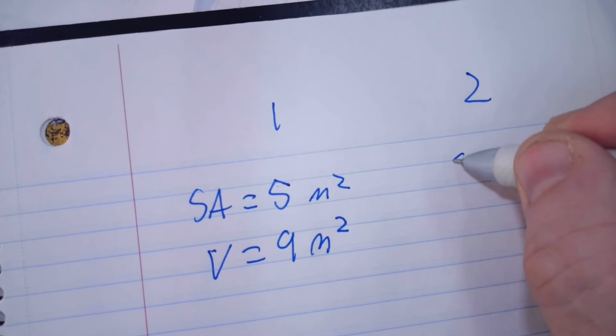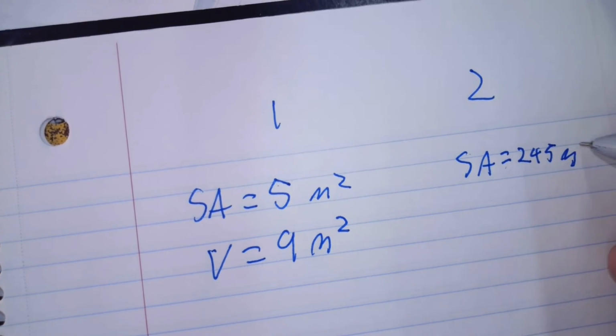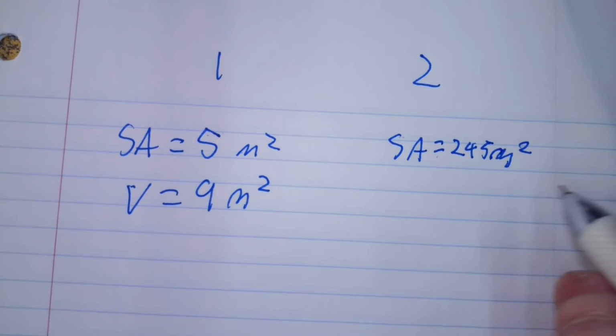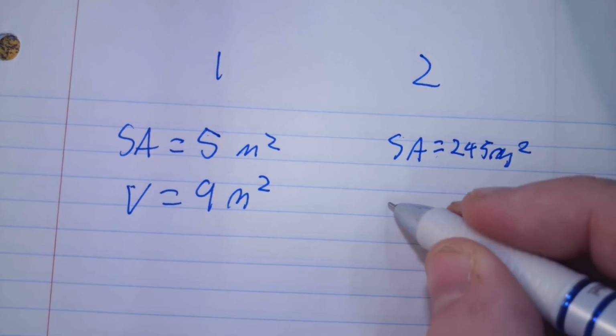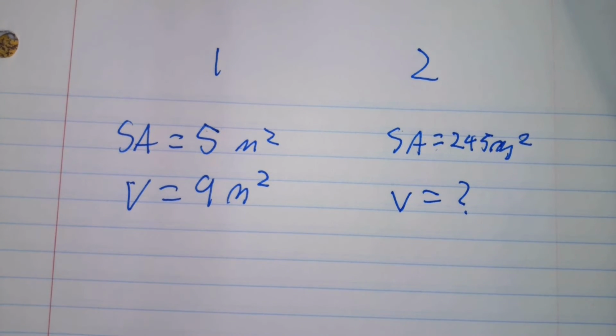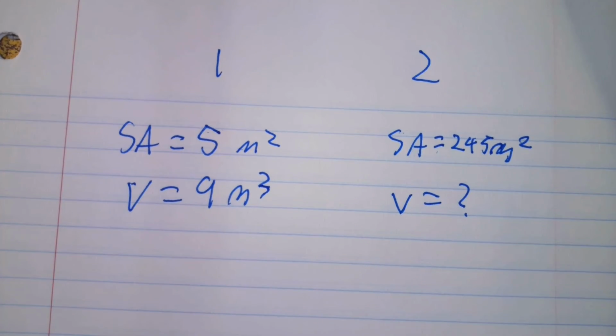The surface area of the second shape is 245 meters squared. I should make it hard and do it in feet. Or ones in meters, ones in feet? No, just kidding. Not doing that. And the volume is, I don't know. Wouldn't number 9 be cubed? The volume of 9? If I did it correctly, it would.